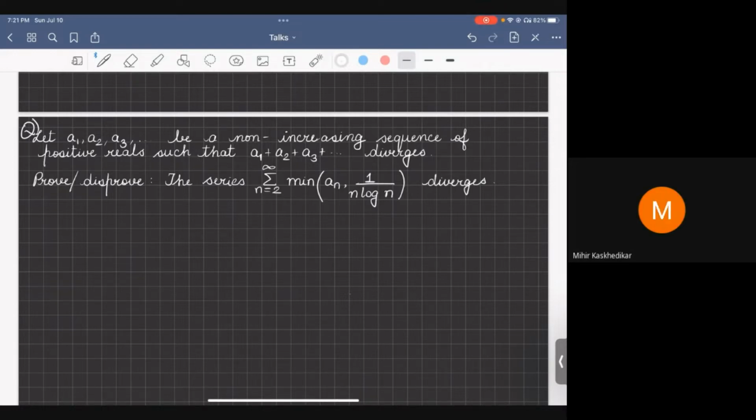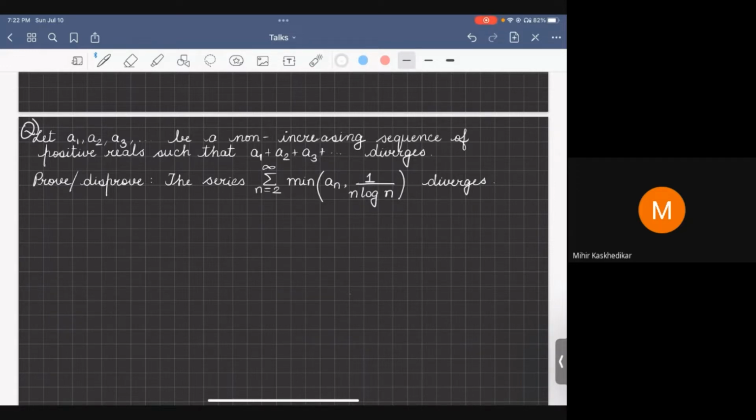It won't diverge, right? Why? Because a subsequence of it diverges and it is of positive terms. I don't understand. What do you mean? You know that both an and 1 by n log n diverge.